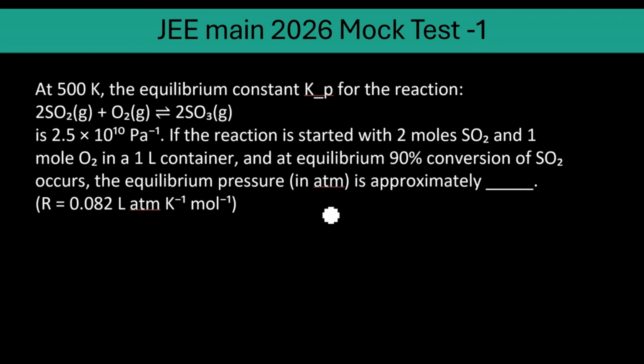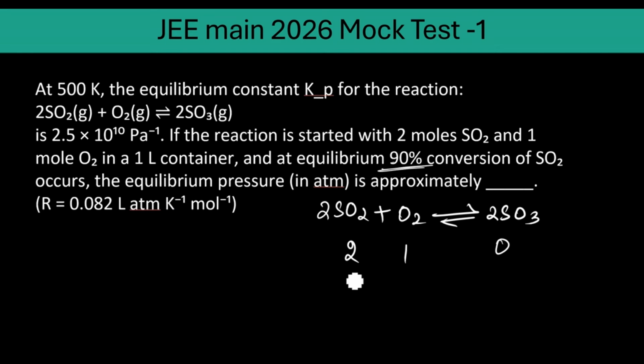So what they have said is 2 SO2 plus O2 gives 2 SO3, right? Initially that was 2 moles of SO2 and 1 mole of O2, in the same ratio, producing 0 SO3. At equilibrium 90% conversion, 90% of 2, that is 1.8, right?